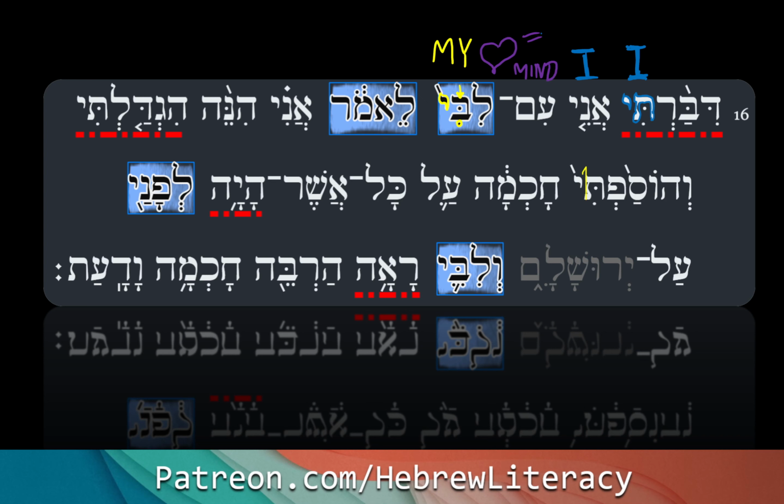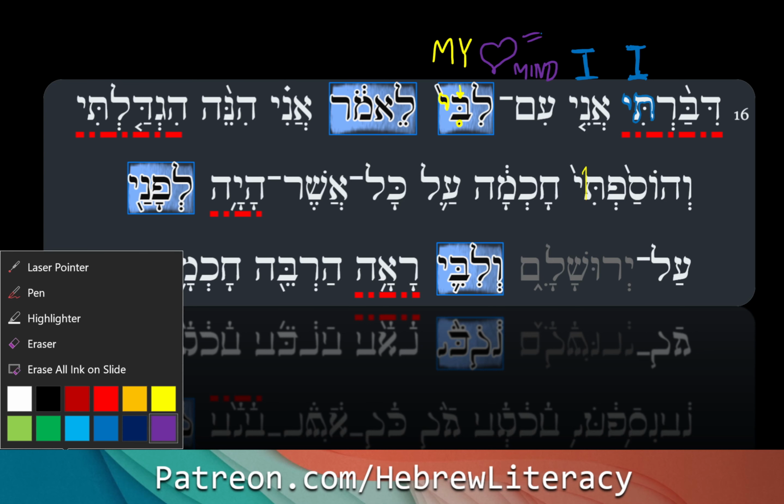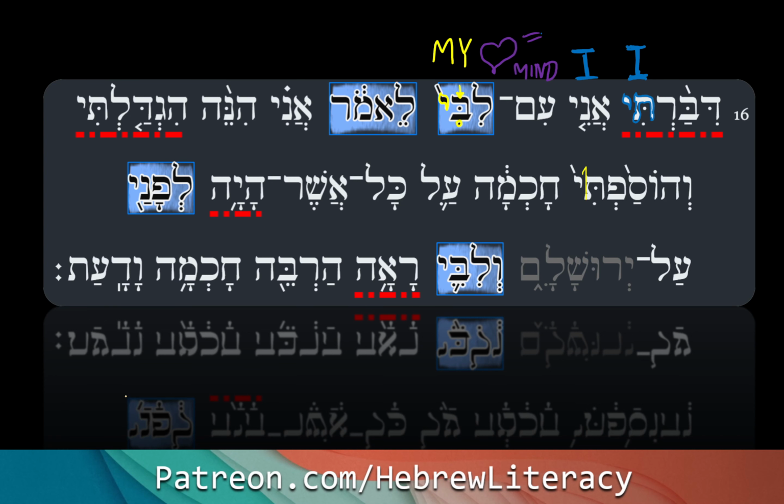Leimor, saying. Now, why is that next word in the construct? What is going on there? Well, there are different types of infinitives in Hebrew. And the one that we usually use to express the English infinitive, to run, to jump, etc., we put the lamed on the front, which means to, and then we use the form of the verb that's called the infinitive construct.